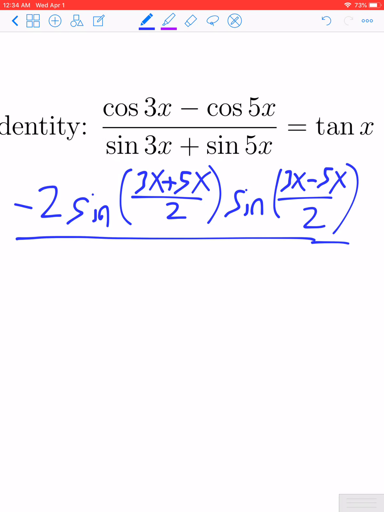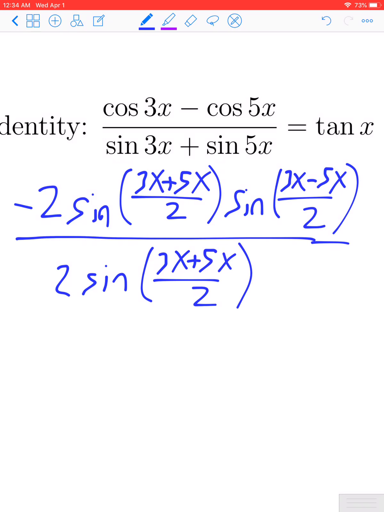In the denominator, for the sine of 3x plus the sine of 5x, we can write that as 2 times the sine of 3x plus 5x divided by 2, times the cosine of 3x minus 5x divided by 2.